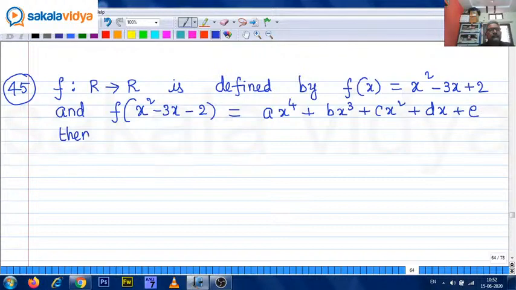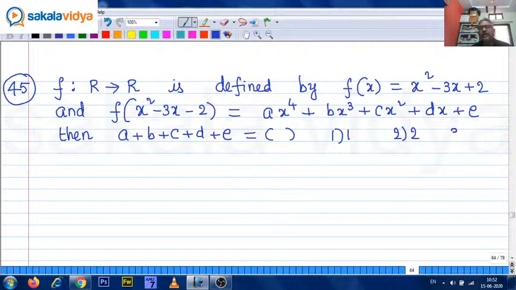Then a plus b plus c plus d plus e equals to what? The first option is 1, the second option is 2, the third option is 30, the fourth option is 20. This is the question.